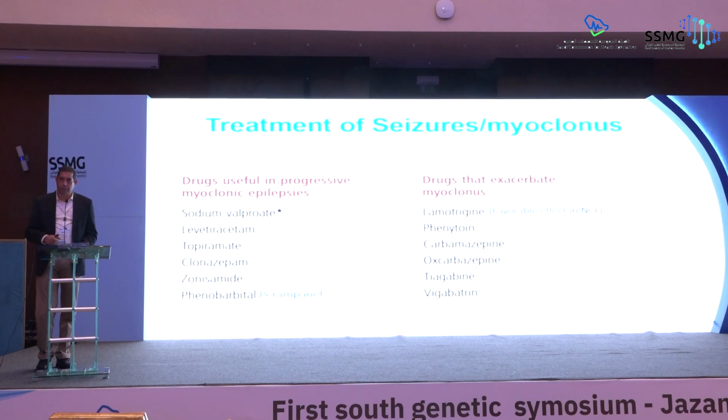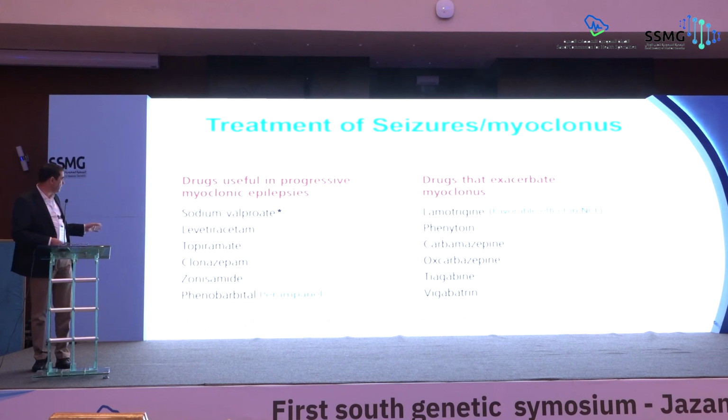So what about seizures? Most of the patients have difficult-to-treat seizures. The most important thing in treating seizures in such patients is not to look for the best anti-seizure medication, but to avoid the anti-seizure medications that may worsen or trigger new seizures. In the list, phenytoin, carbamazepine, oxcarbazepine, and vigabatrin may worsen the seizures in those patients.